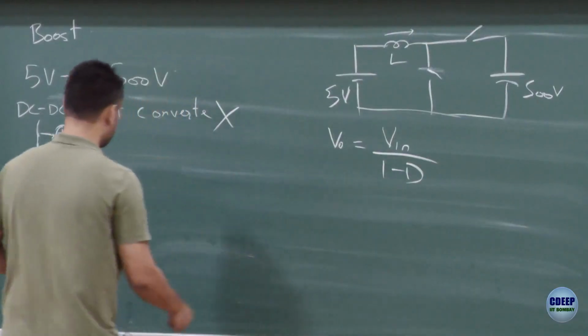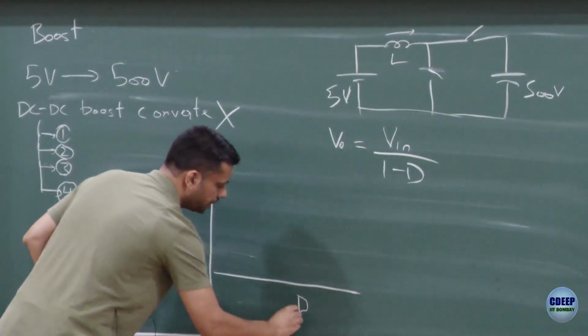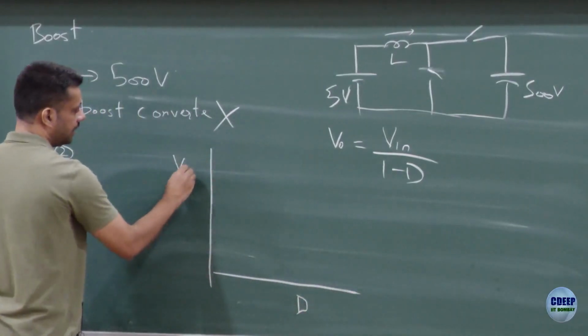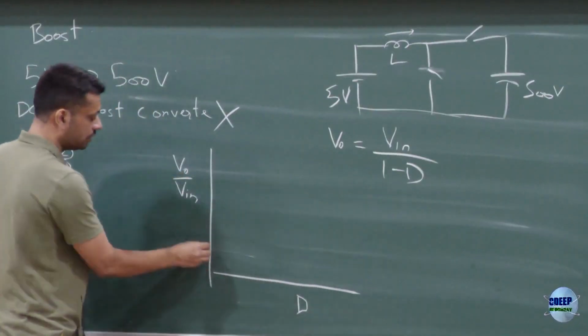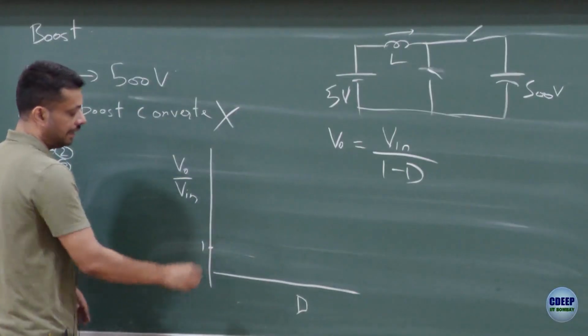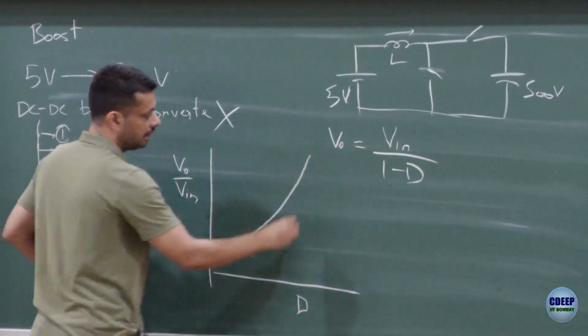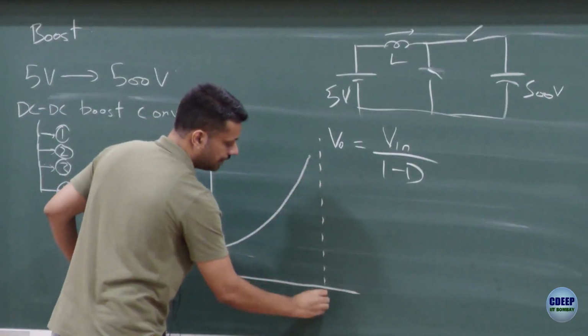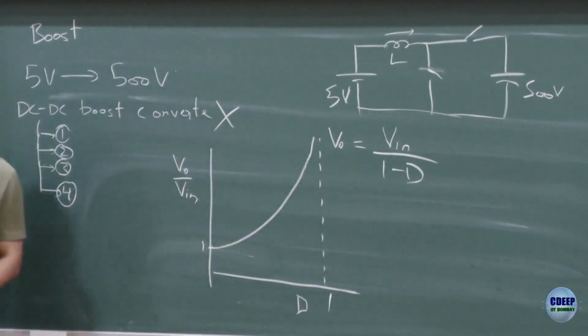So if I have to plot this equation, duty cycle versus the gain VO by Vin, right? When D is equal to 0, this is 1, and as D increases, this would go like this. Of course, D approaching 1 would be a really steep slope, correct?